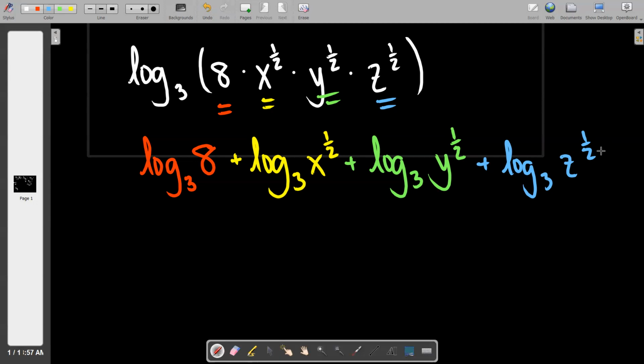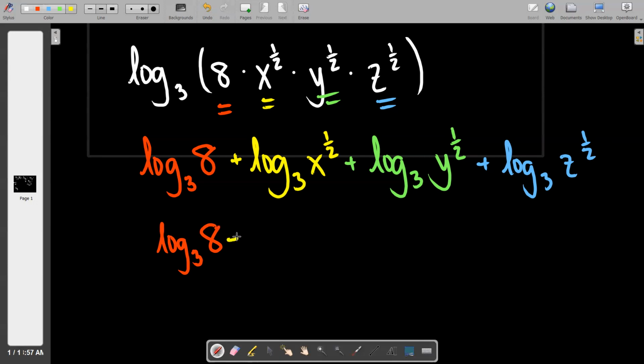So I see a whole bunch of things. Let's talk about red guy first. What is red guy? Is there any exponent that you can put on 3 that makes 8? I don't think so. So red guy says, I'm going to be a part of your answer. You can't simplify me. You can't manipulate me. I'm just who I am. Tell me about yellow guy.